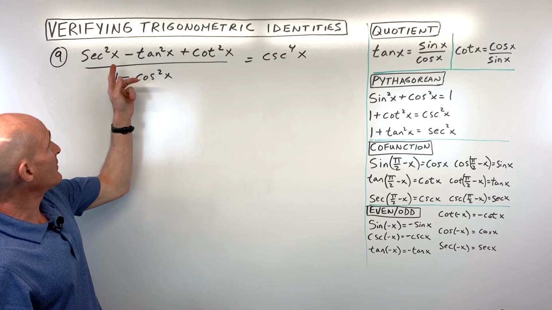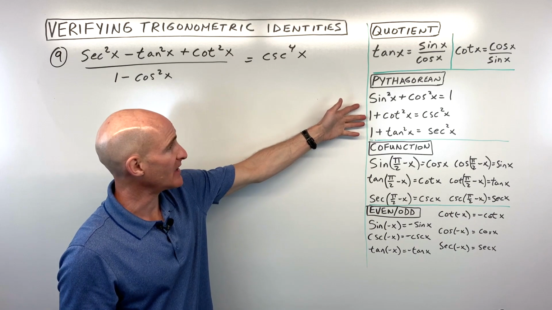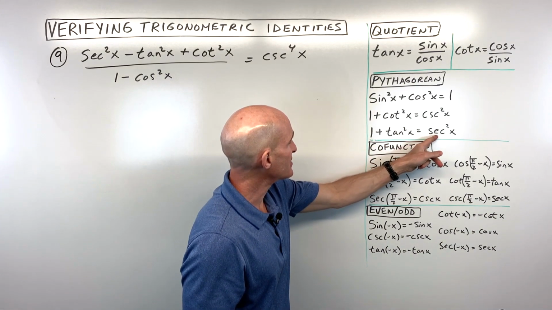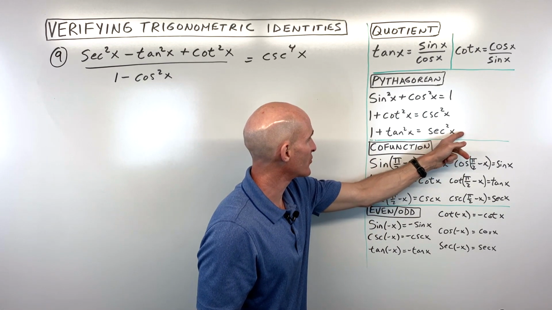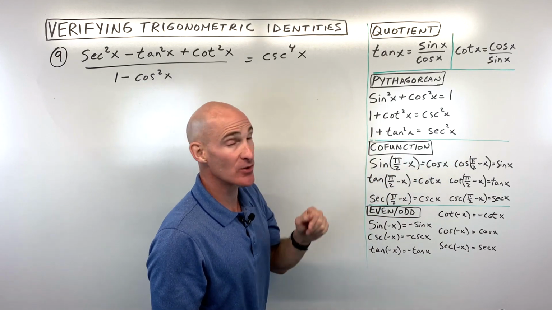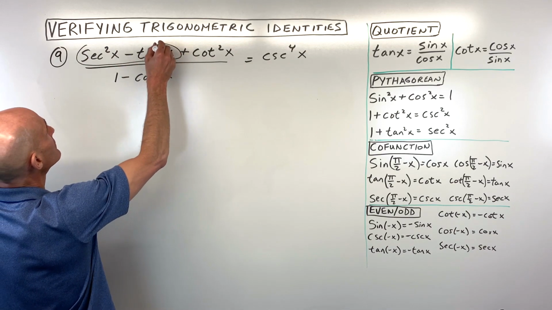Well, I notice I have a lot of squares here. So when I think of the ones to the 2nd power, I think of the Pythagorean trig identities. And over here you can see secant squared minus tangent squared. If I subtract tangent squared to the right side of the equation, secant squared minus tangent squared is equal to 1. So I can replace this whole thing right here with 1.